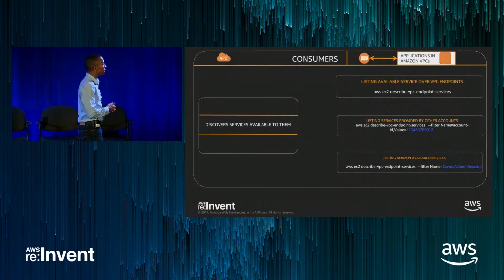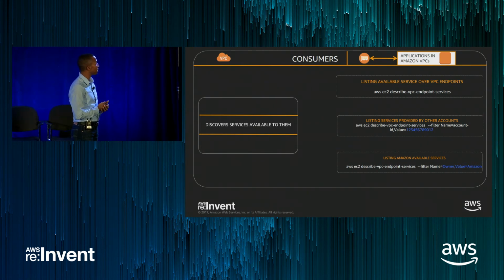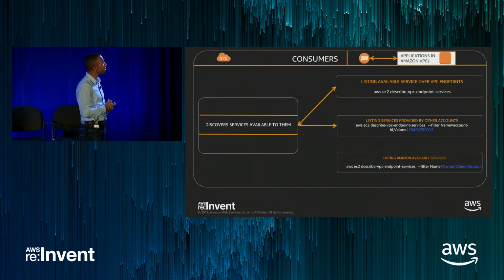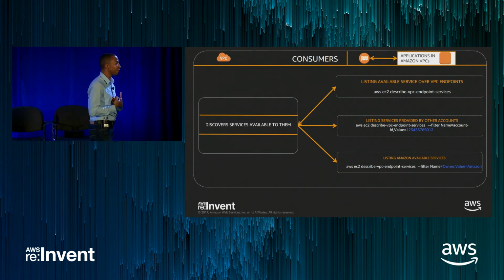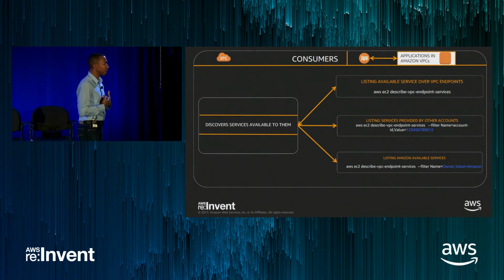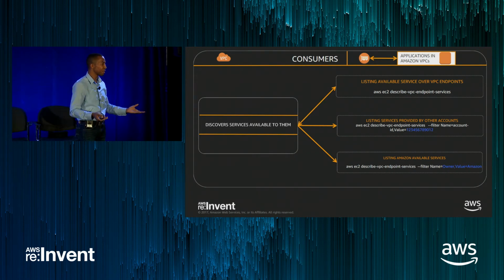Once you've created your endpoint service, you can use the describe endpoint service calls to find out if an endpoint service is available to me. Because I don't only have the ability to do that, right? Partners of AWS can create endpoints for their services. Let's use Salesforce as an example.